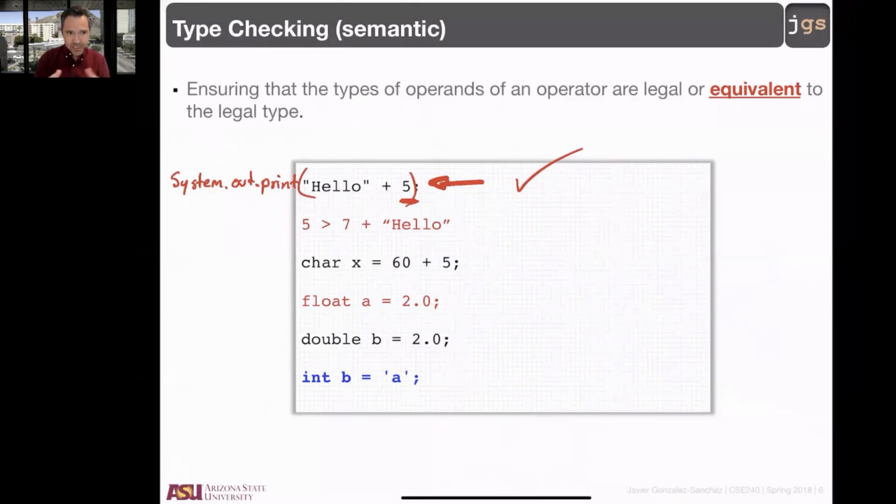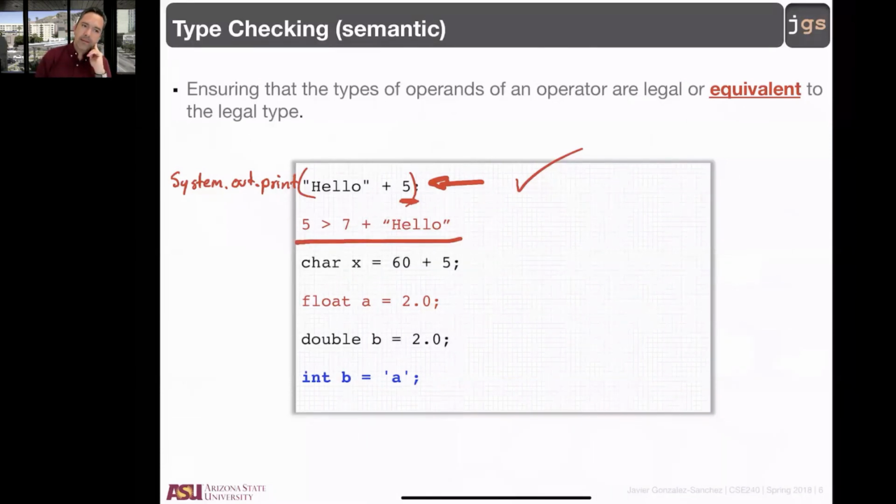Some transformation is happening. You didn't ask, but the transformation is happening. The 5 becomes a string, and then you are putting together the string hello and the string with the 5, an implicit transformation. What about the second line?